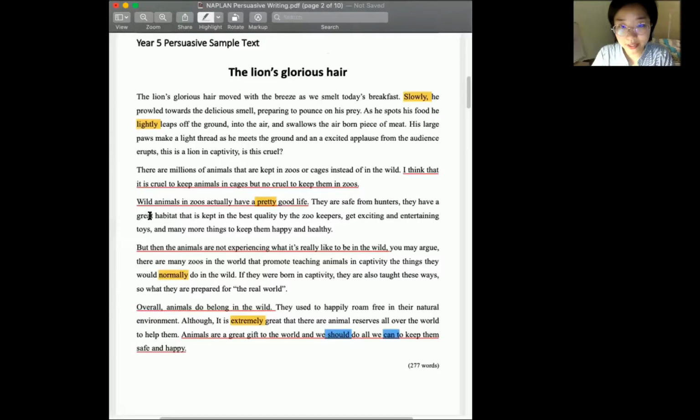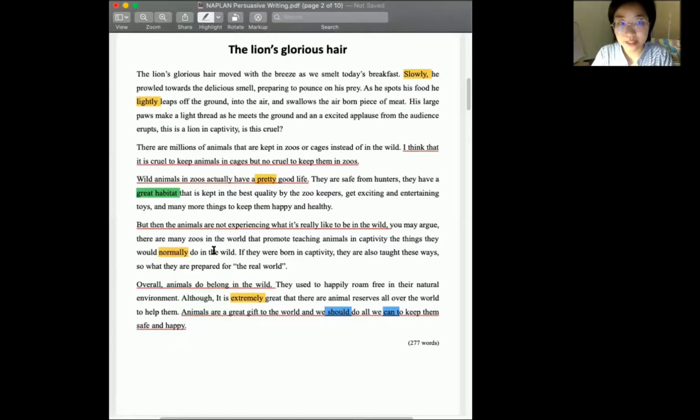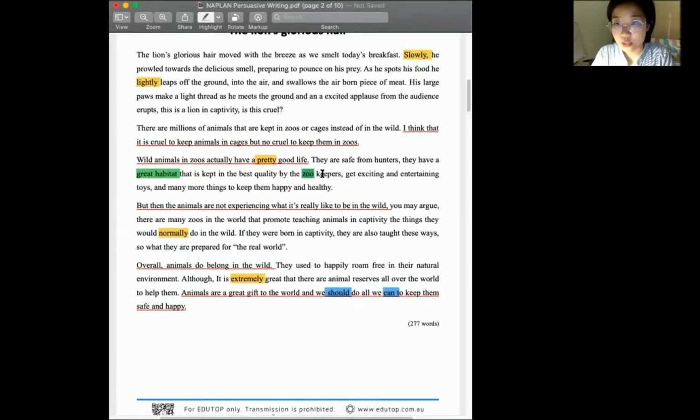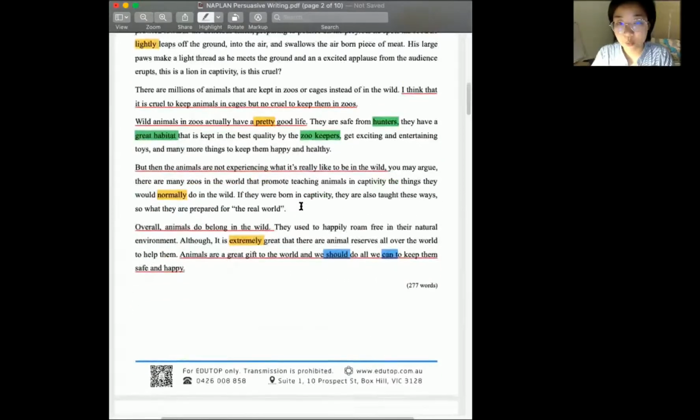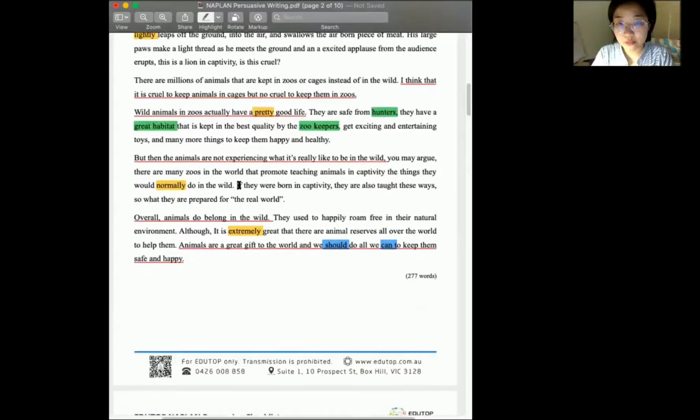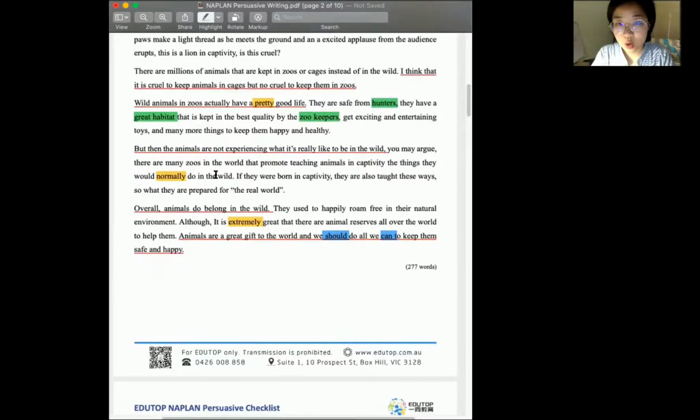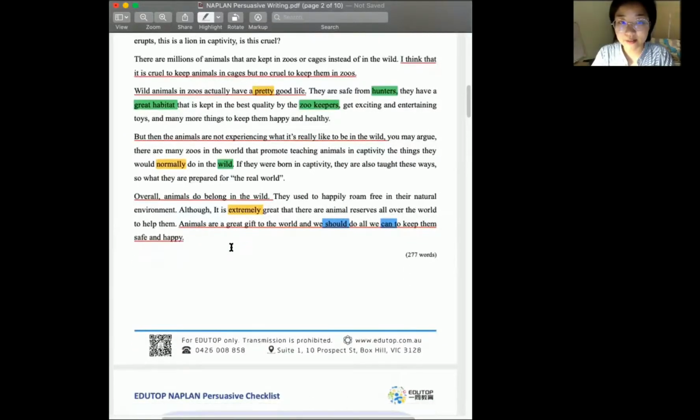Another one is great habitats. Oh, habitat. Zookeepers, hunters, right? Another one is in the next paragraph. In the wild. Captivity, over here.